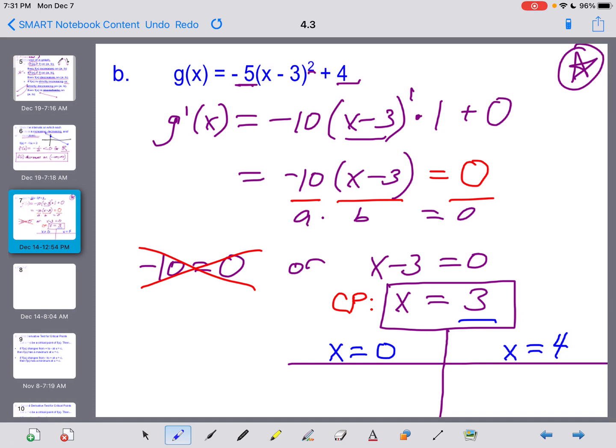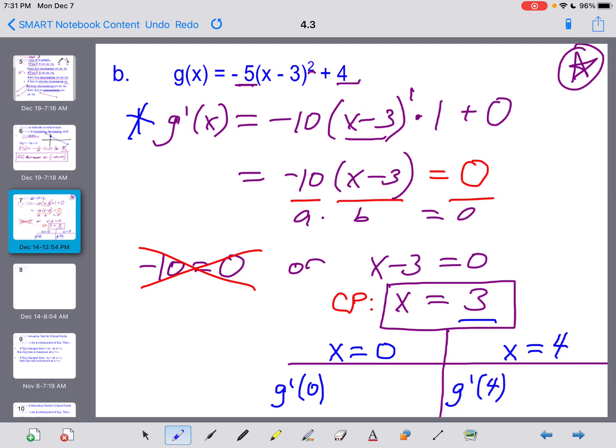And to know information about behavior, we do not look at the original function itself. We look down here, you guys, at the value of its derivative. So we are going to evaluate g prime at 0, and then we're going to evaluate g prime at 4, and let's see what we see.